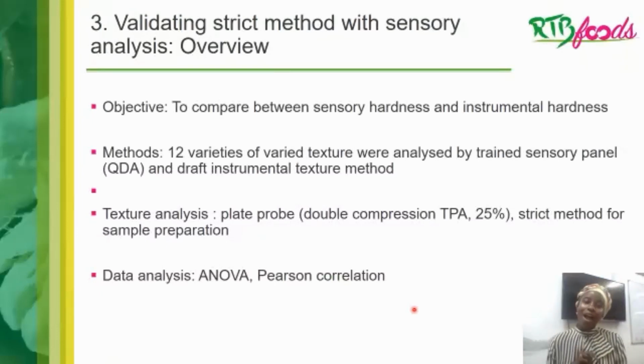So, following the second set of experiments, the next step was to optimize the method, the strict method with TPA double compression, and see if it was really correlating with sensory, because that's the ultimate goal. And here we used 12 genotypes, and like I mentioned, we had chosen our method of texture analysis and our method of sample preparation.